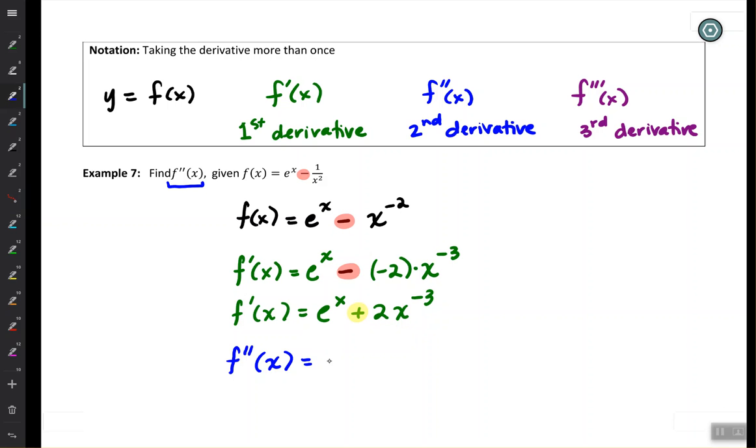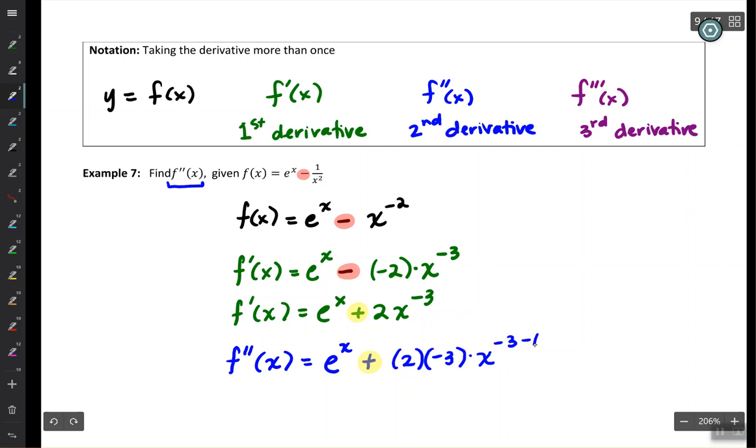Thinking about the derivative of e to the x on its own, it's e to the x, plus, now here power rule, and the constant multiple rule, right? 2 times x to the minus 3. So we've got 2 times power rule on x to the minus 3rd power, minus 3 times x to the minus 3 minus 1 power, to the minus 4 power.